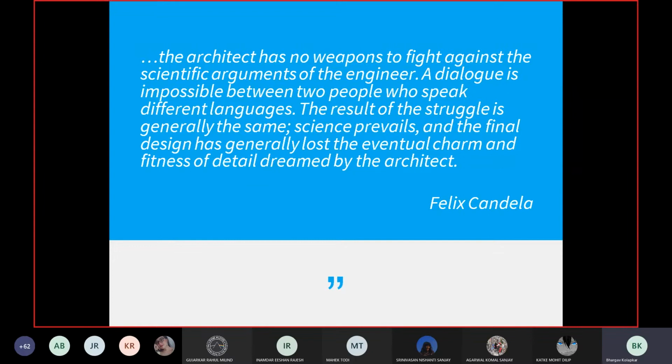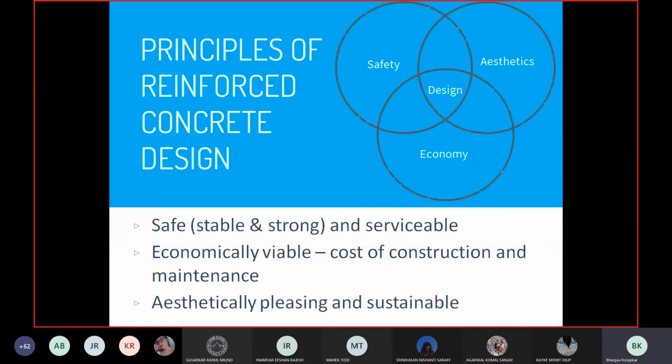Since the lines of thought are completely opposite, what would really help you is understanding prima facie if the design that you're envisioning is structurally possible or not.